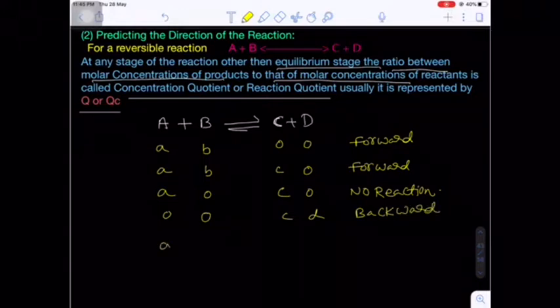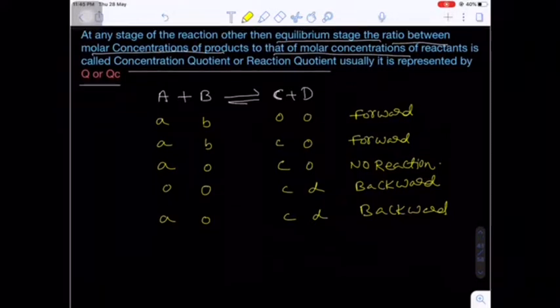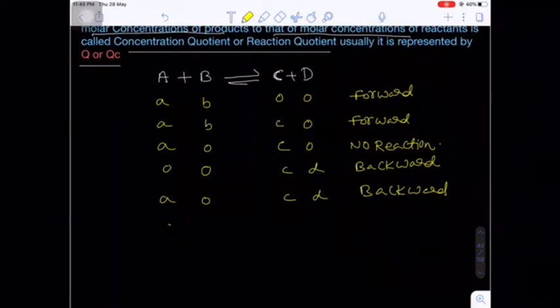Let's suppose only one reactant is present, the other reactant is absent, but two products are present. Still the reaction occurs in the backward direction only, because one reactant is absent. Now let's suppose all the reactants and all the products are present.